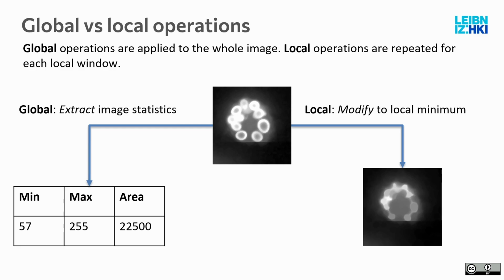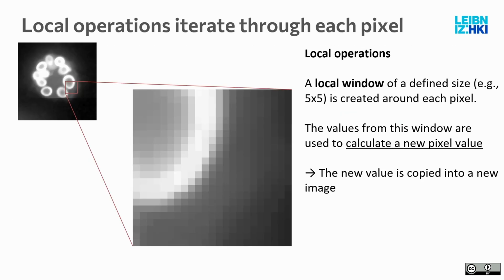You get a minimum value, maximum value, and some area. Just as a side note, in ImageJ, if you have no selection, the area is basically width times height of the image. And then something local, where you could, for example, calculate around each pixel the local minimum, and then you get something like that out. Is this useful? I don't know, but it might be useful for some operations.